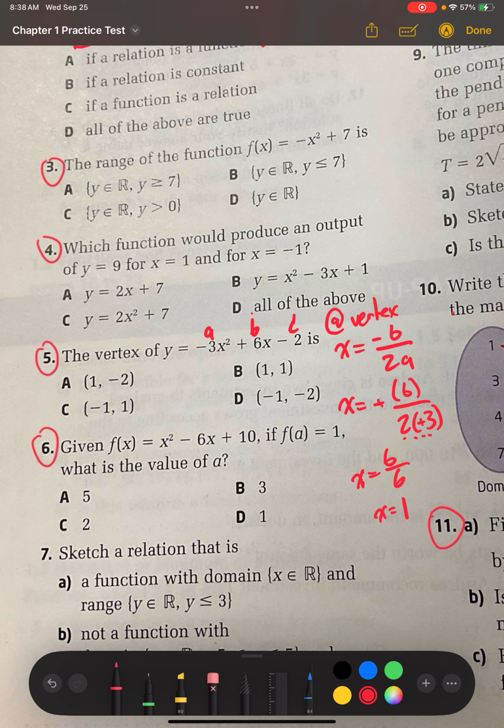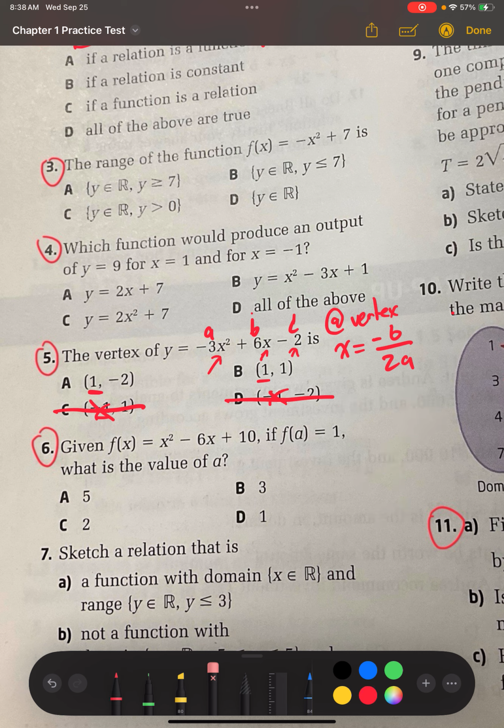So at the vertex, x is 1, not negative 1. So I know this is not the correct answer, and that's not the correct answer. So we have x. Now what do we do? We just substitute x for 1 in this equation, find y, and we know the full vertex of the parabola.